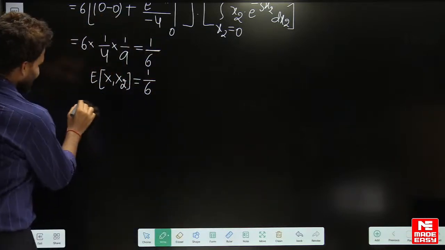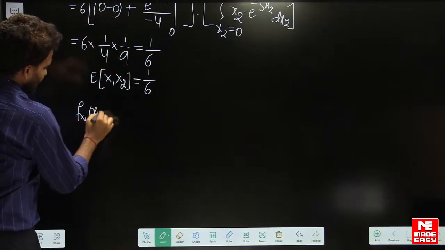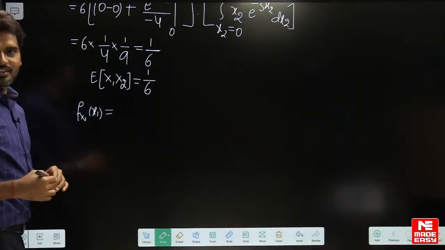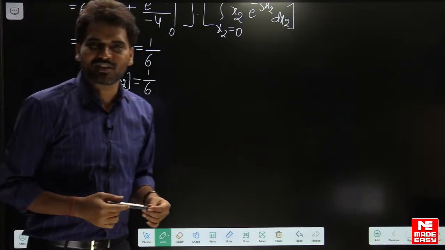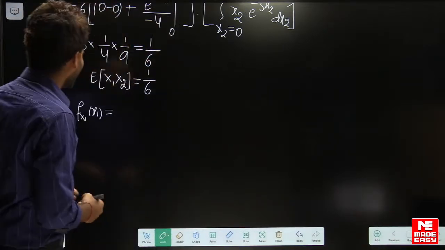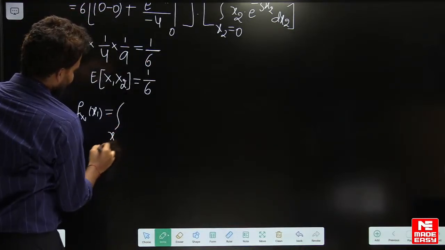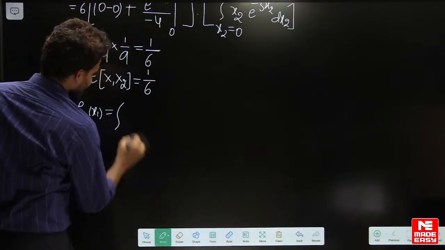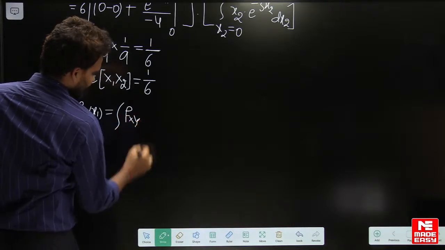So the marginal density function of x1 means fx1 of x1, this is called the marginal density function of x1, or simply the density function of x1.